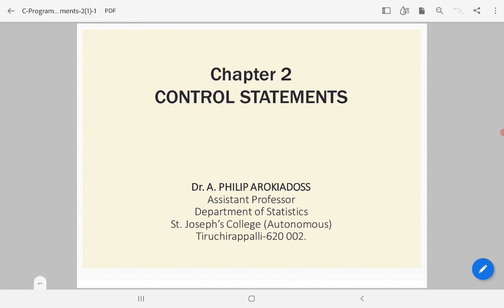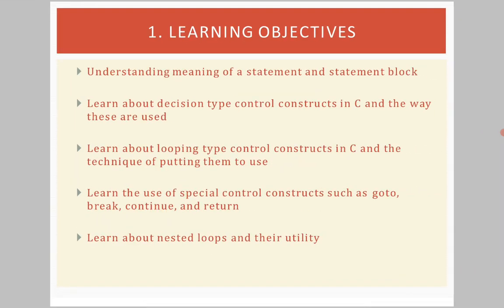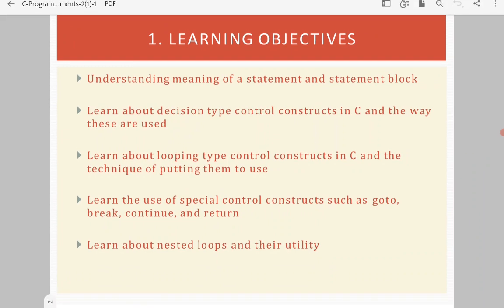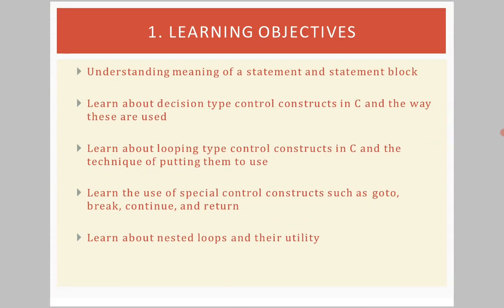Unit 2, control statements. What are the learning objectives, which topics does this PPT cover? Understanding the meaning of a statement and a statement block, what is a statement or command, what is a statement block.